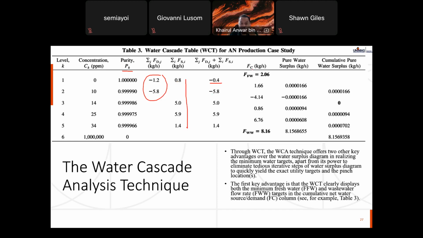Then we have the FC. So for FC we started at 0, and we start calculating to identify the maximum. So the maximum required fresh water is 2.06. Simplify this value.